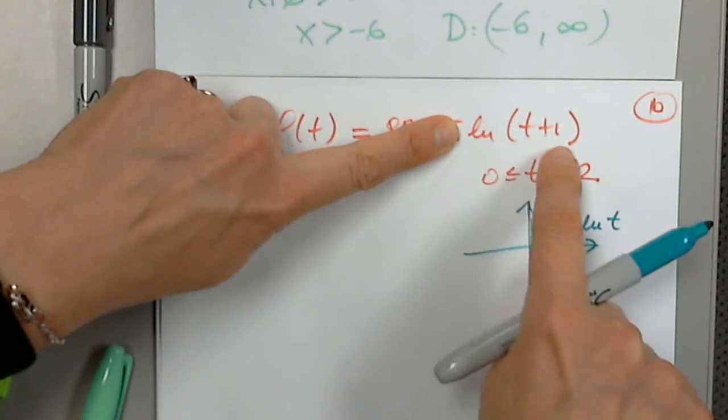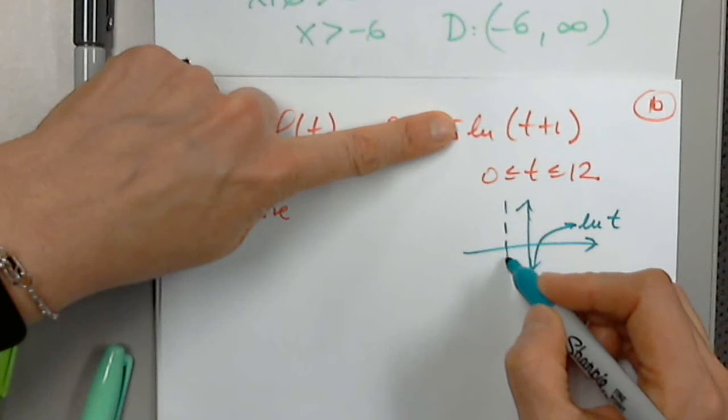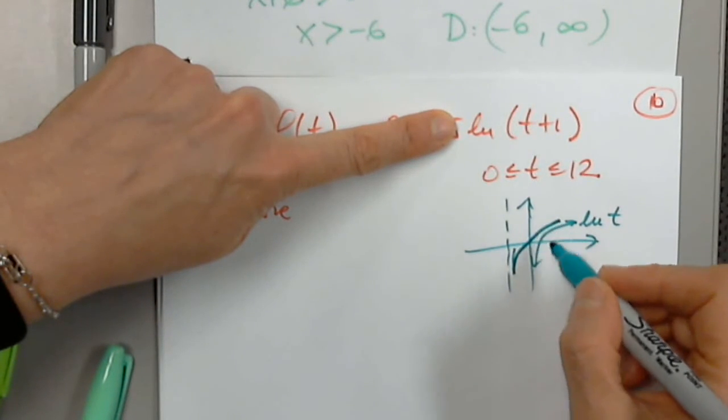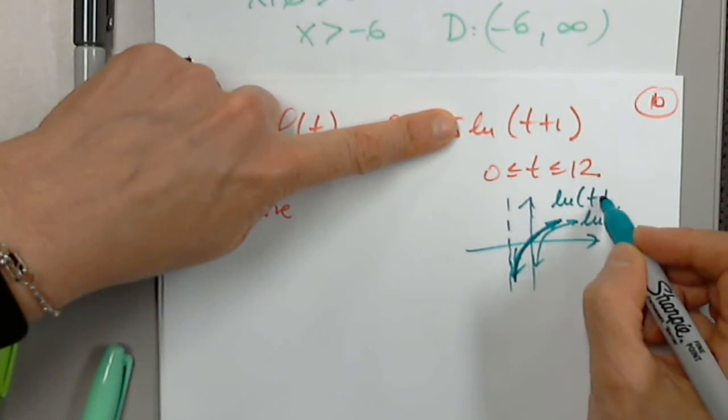First is horizontal. It goes left one. Very good. So this will be the next graph right here. Good. So this will be natural log of t plus 1.